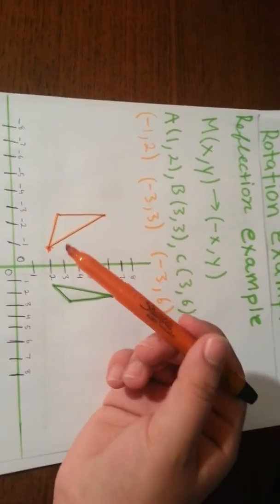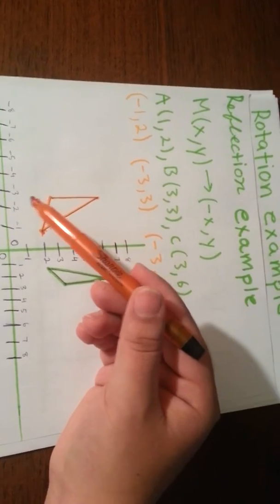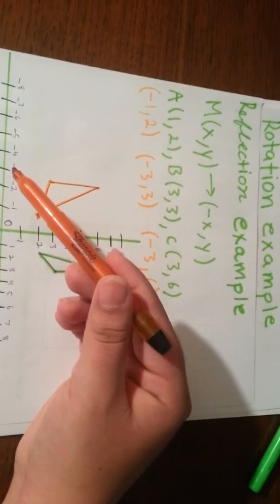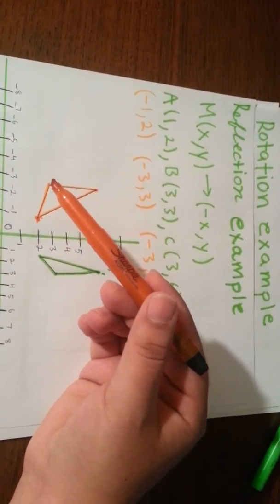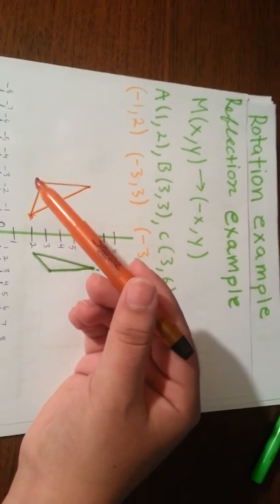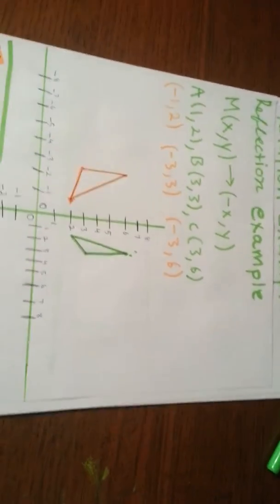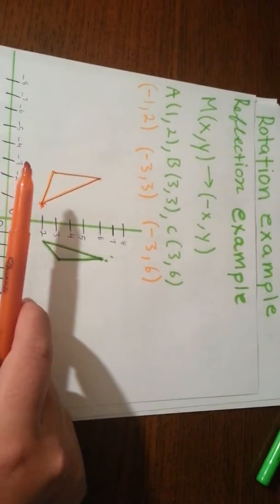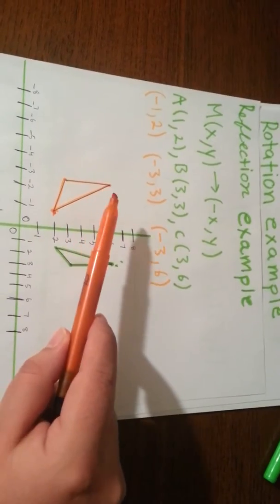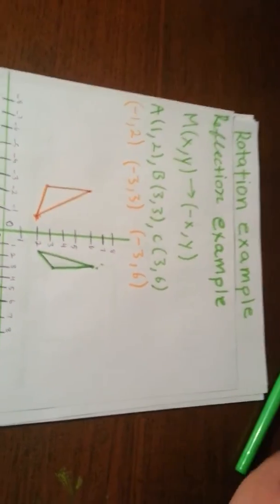B, 3 will become a negative 3 right here, and the y stays the same, 3 positive up here. The same with C. 3 becomes a negative, and 6 stays the same, a positive right here. And that is a reflection.